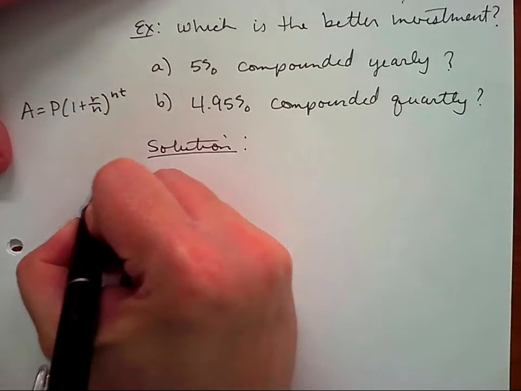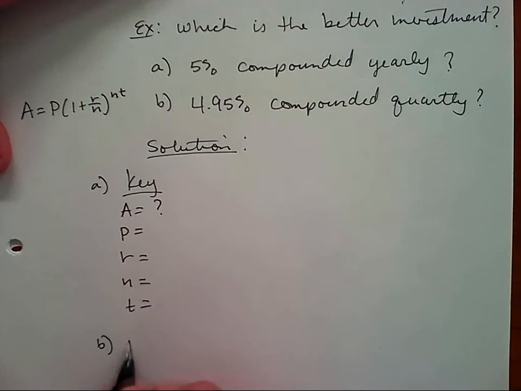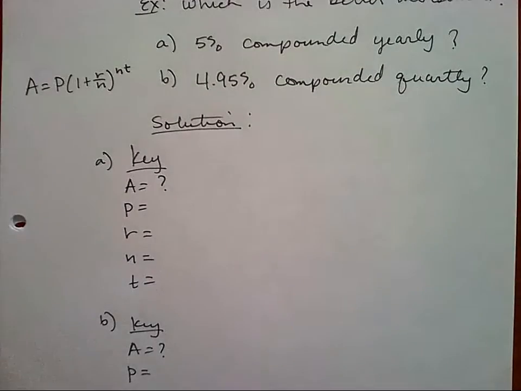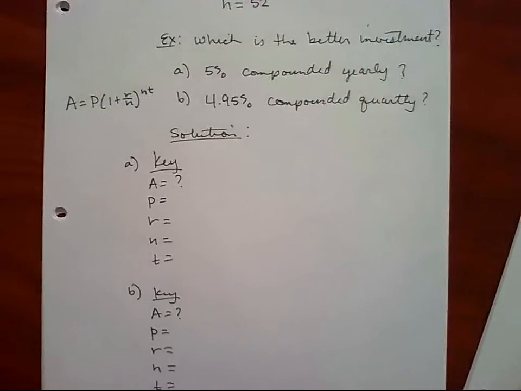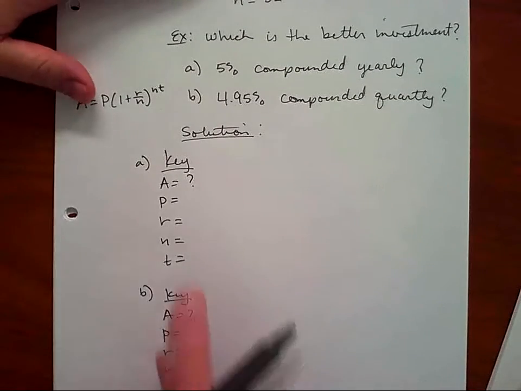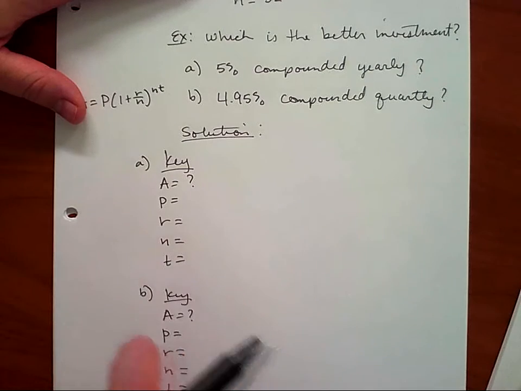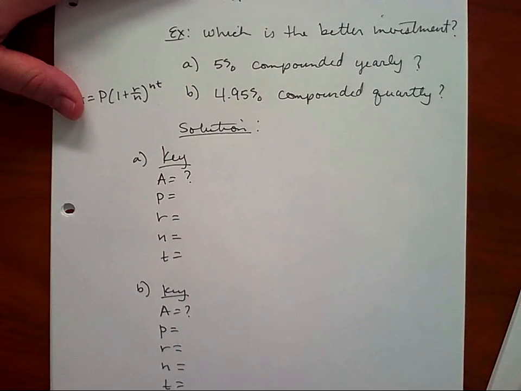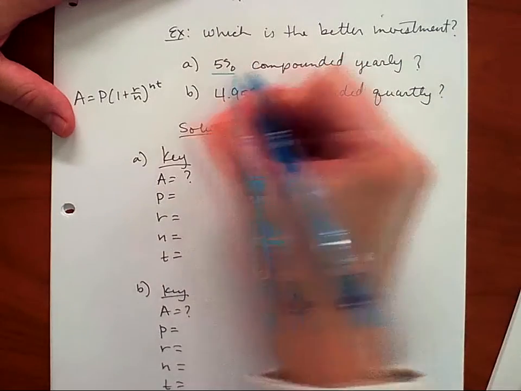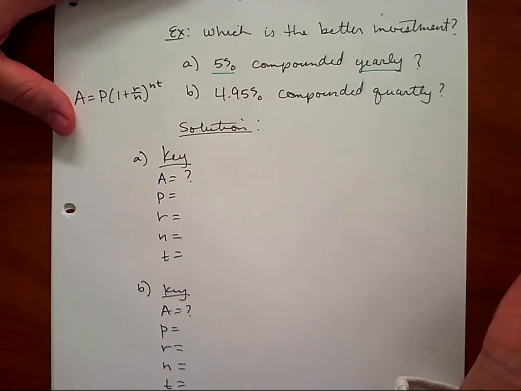I'm going to do this as A and B. Try to look at the question and figure out what information you have. I'm trying to solve for A so I can compare the values of A between A and B to figure out which I'm going to get more money from, right? Who can help me for A? I'm underlining what I have.